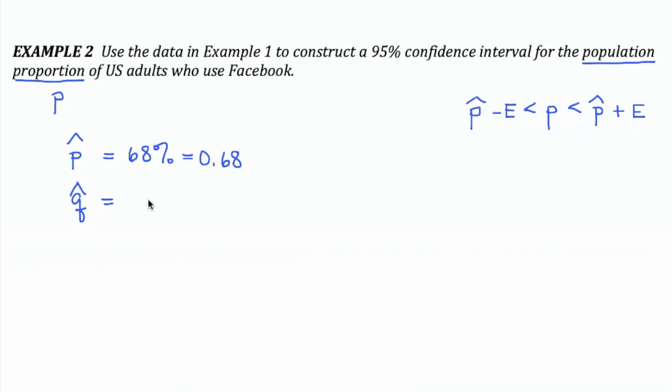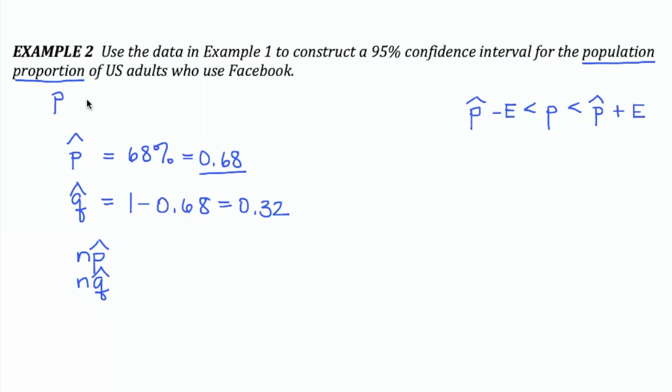If the probability of success is 68%, you do 1 minus the decimal version, 0.68, and you get the probability to be 0.32. And before we go further and use any formulas, we need to double check that n times p hat and n times q hat are both greater than or equal to 5.